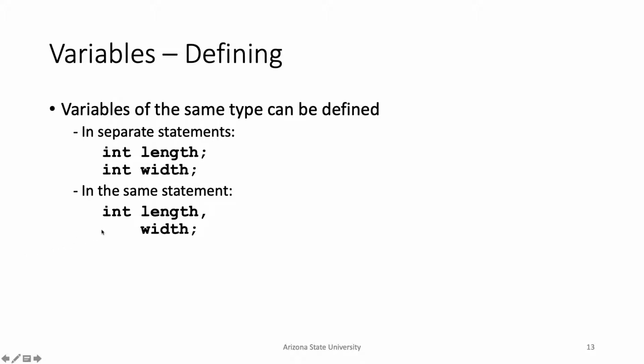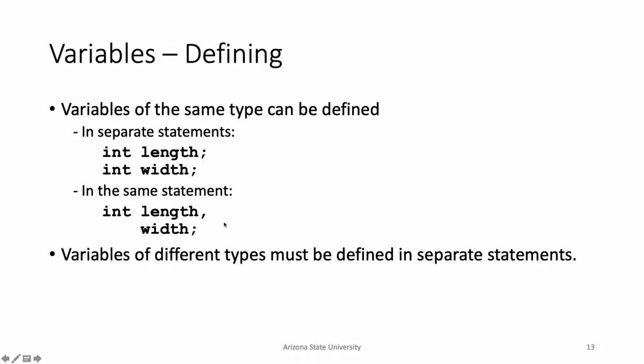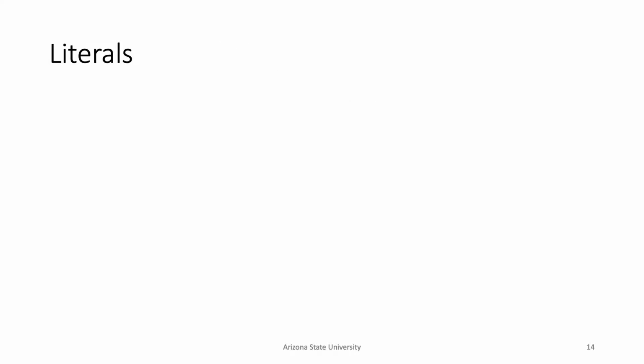Yes, of course, I could put this back up onto the same line. But if you have two variables of different types, then it must be in different statements. Because I can't have an int length and then a double width in one statement. I must have those in different statements. Okay.